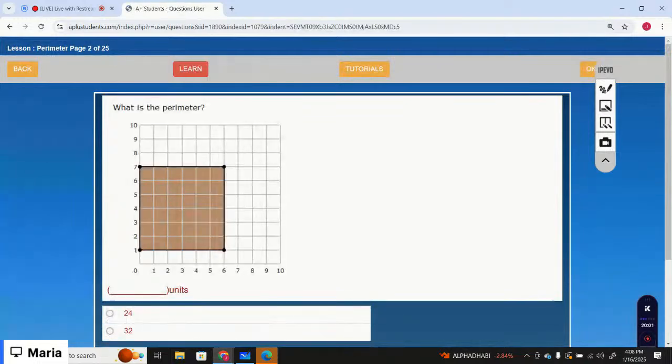What is the perimeter? Which is the correct option? For the perimeter, you simply add the side lengths.